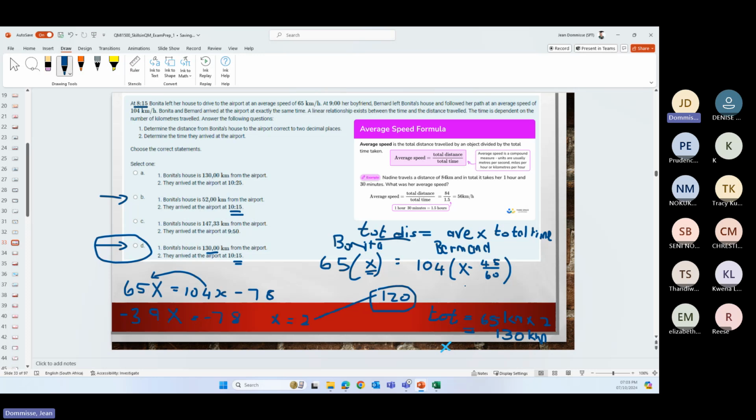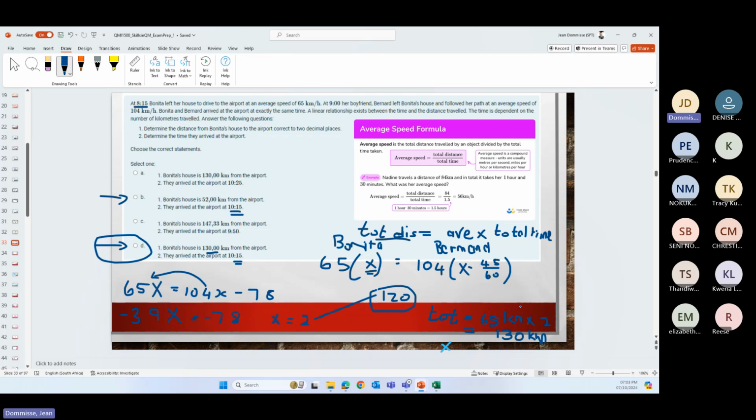Okay, 0.25. So plus 1, so it will take Bernard 1.25 hours.